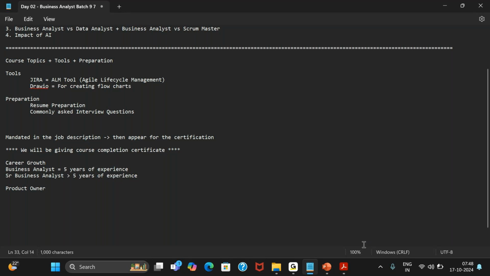Once you have spent sufficient time as a BA, and particularly let's say you spent 6 plus years in the same industry, let's say banking domain or health insurance domain, and you have built good expertise over it, and you have spent significant time doing BA activities as well, then what would be the next path for you? That will be the product owner path.